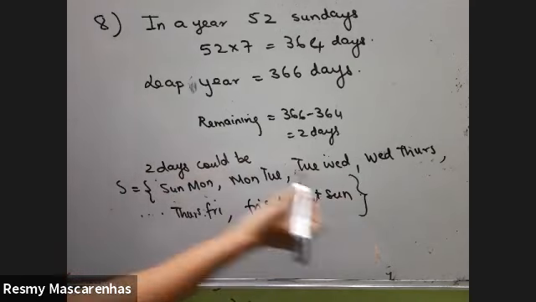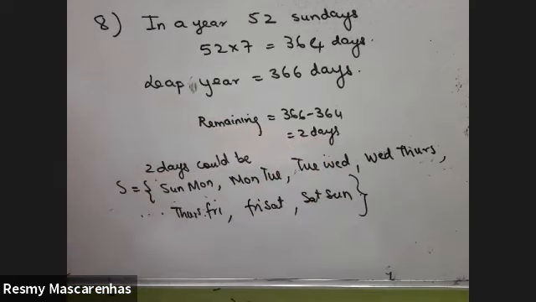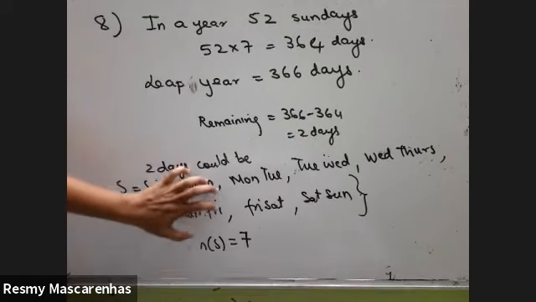So this could be the remaining last 2 days. So in total, how many combinations could there be in the sample space? 7 combinations. So in these 7 combinations, this is your normal sample space.